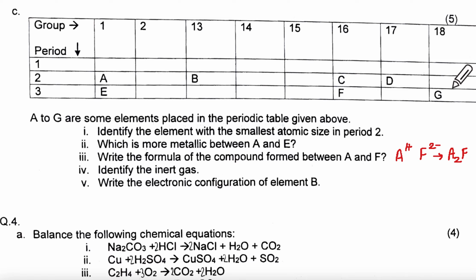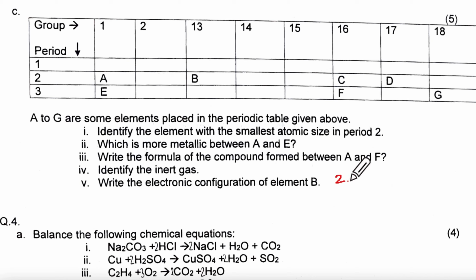Which is the inert gas? J. What is the configuration of it? It's period 3, so 2,8,8. Electronic configuration of B. What is B? B is 13. No, sorry, not 13. Period 2, no?